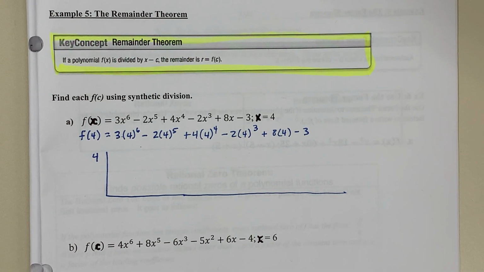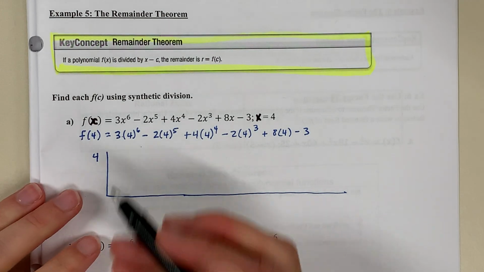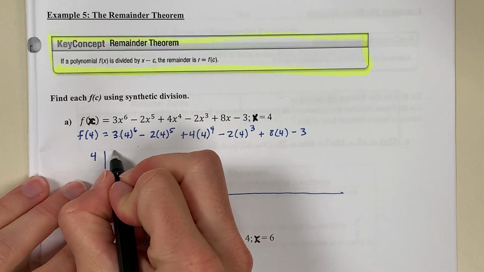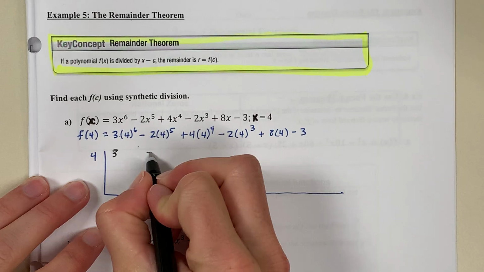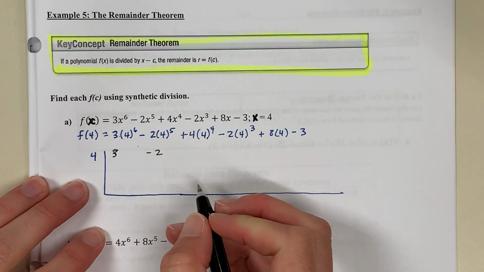Now I'm going to list all of the coefficients of the polynomial function. It looks like it's of degree 6, so I have to make sure I account for every degree: 6, 5, 4, 3, 2, 1, and 0. So the 6th power has a coefficient of 3. The 5th power has a coefficient of -2.